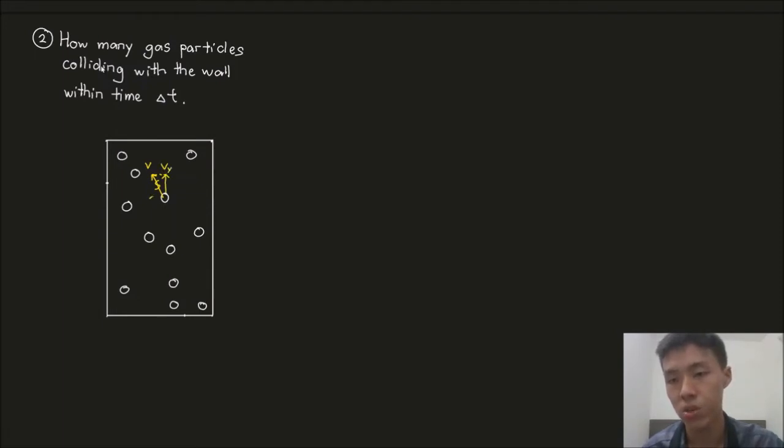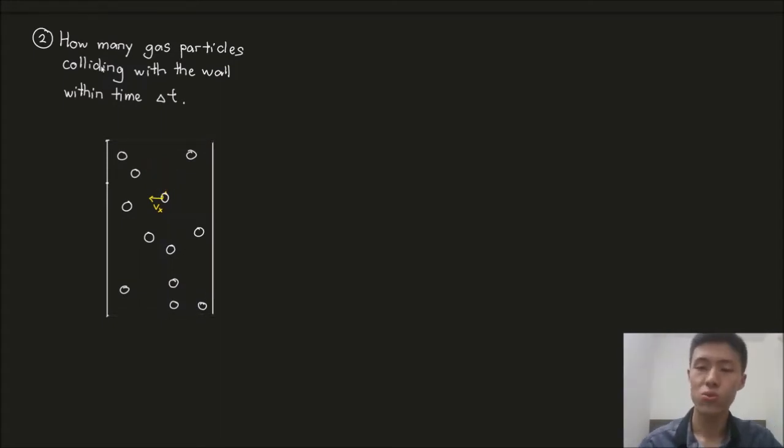Another going leftward, which is Vx. But again, two dimensions is still too much. We want to reduce it to one single dimension. So let's break it down further. We want to remove the up and down, the top and bottom wall, because we focus on the left-right wall. Okay, so further we remove another dimension.